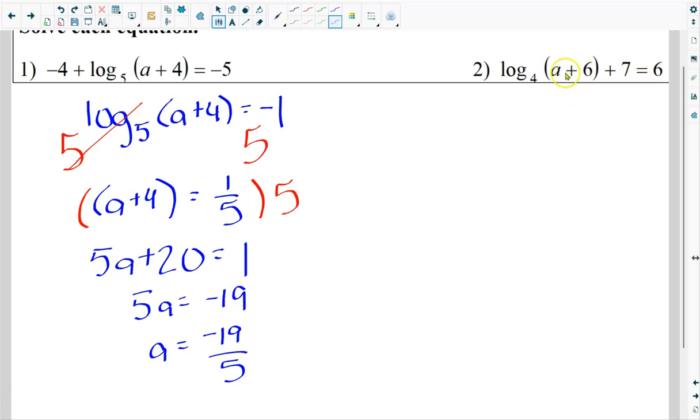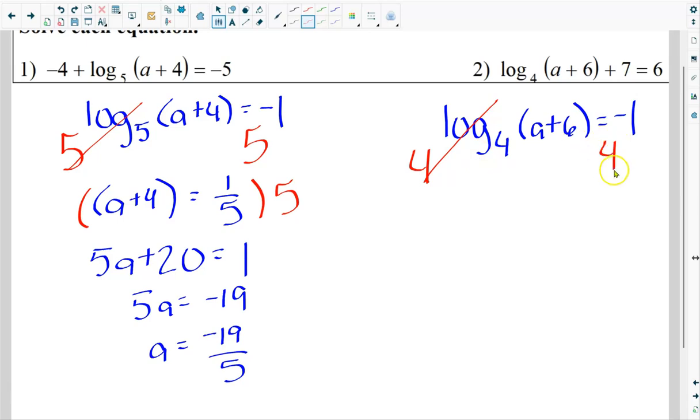For the first thing I'm going to do here, remember, this stuff in parentheses is very important because it belongs to the logarithm. You can play with this stuff that's outside of that. So in this case, I'm going to subtract 7. So I have log base 4 of (8 plus 6) equals negative 1. Now in this case, I'm going to introduce a base 4 to cancel.